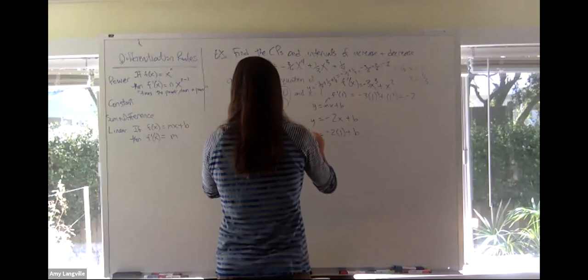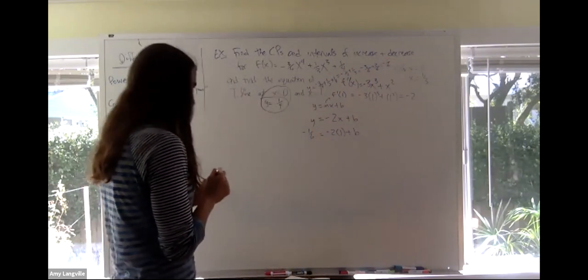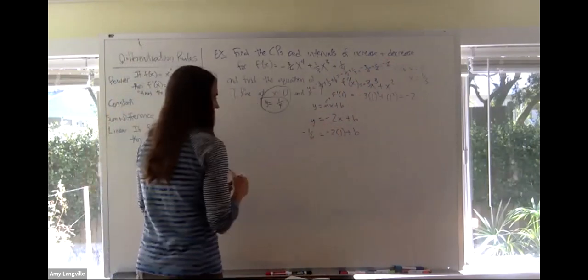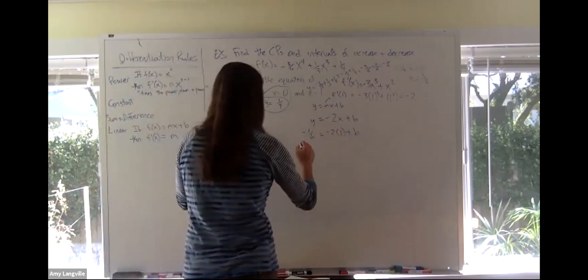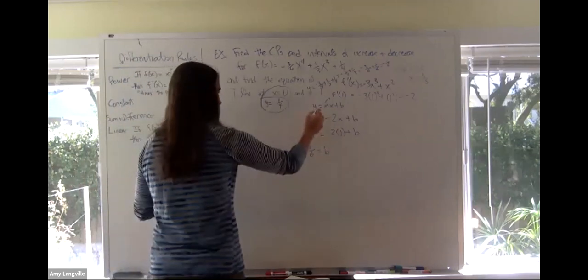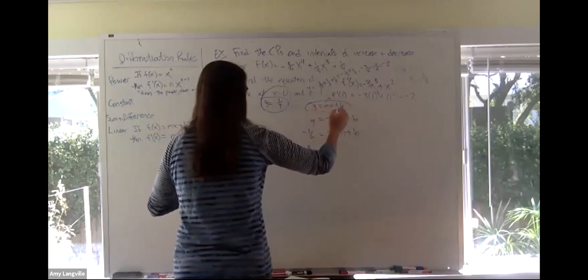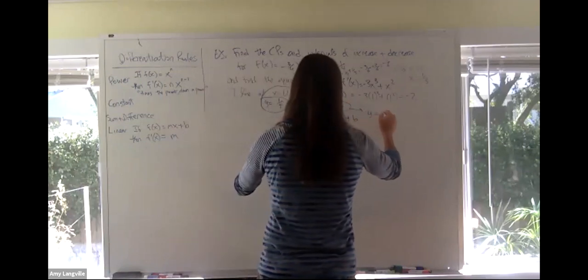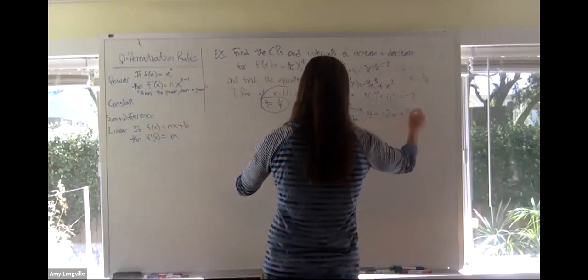So -1/6 goes here. Bring our 2 to the other side, becomes a +2. So we'll have a positive 11/6 is what b is. So now we're almost ready to figure out the y equals mx plus b. That's going to be y equals -2x plus 11/6.